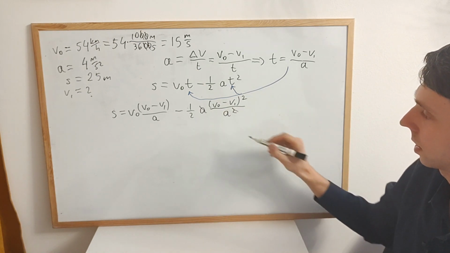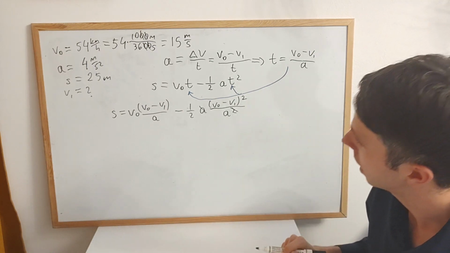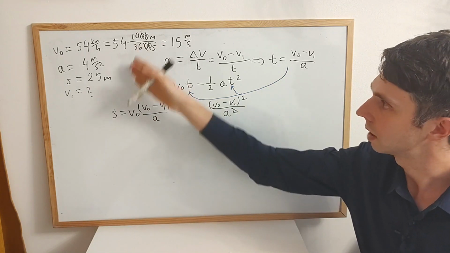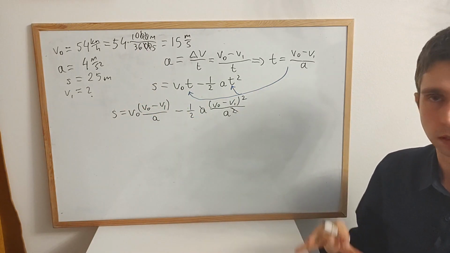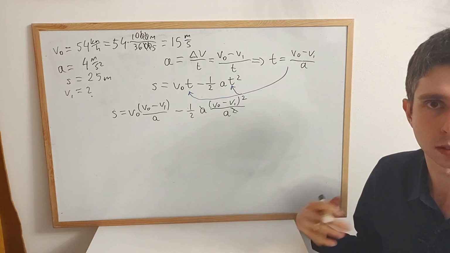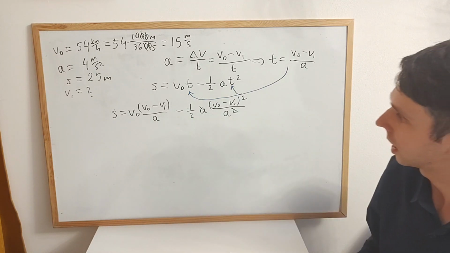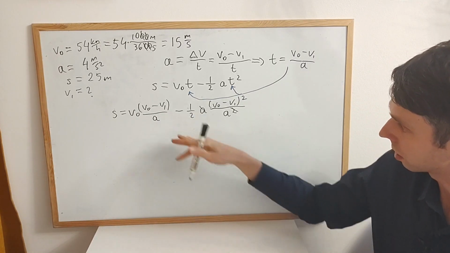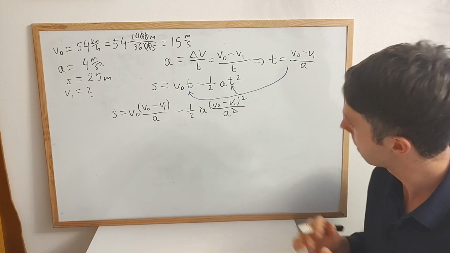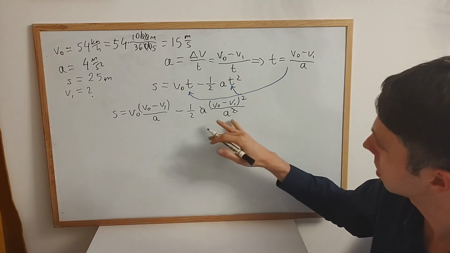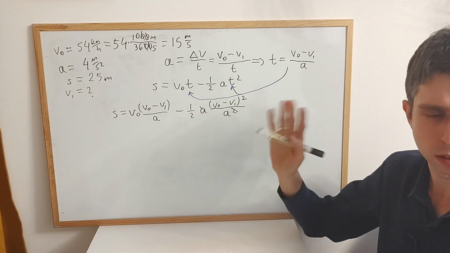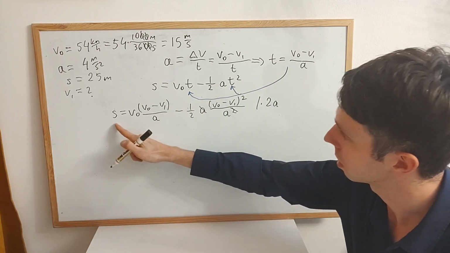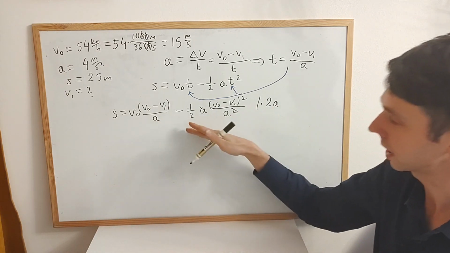So a cancels out a little bit, and at this point you can plug in the values and calculate this just on numbers, or you can also work with letters. I will go the second way. To get rid of the fractions, which are always a difficult part in maths, let's multiply this by 2a. I mean multiply both sides of the equation.